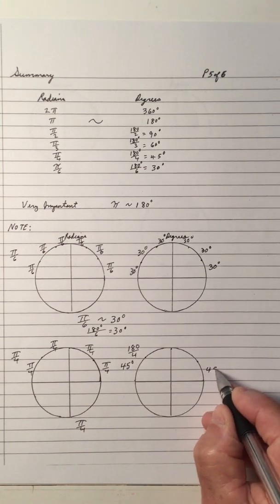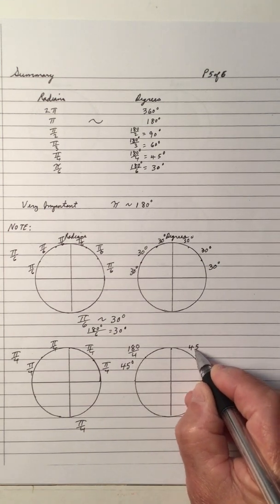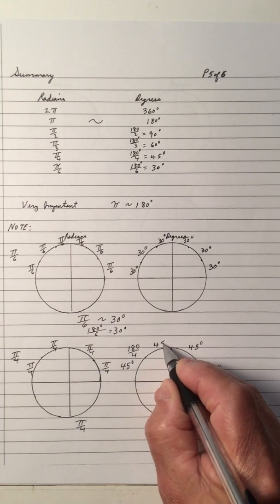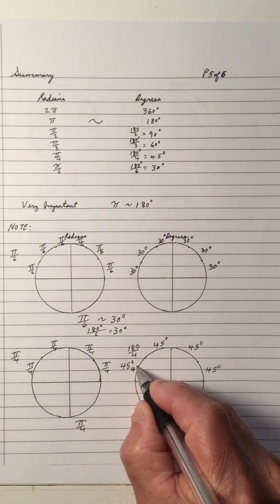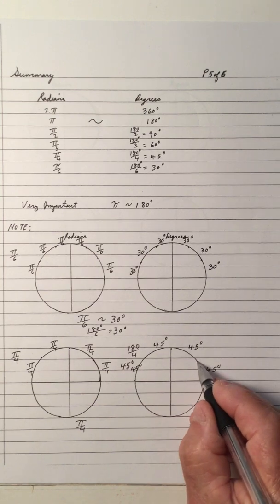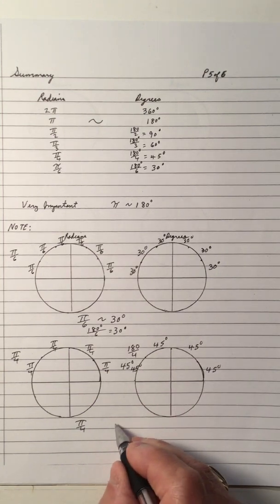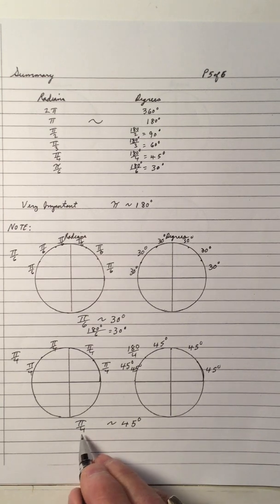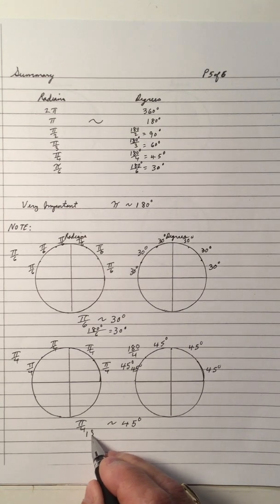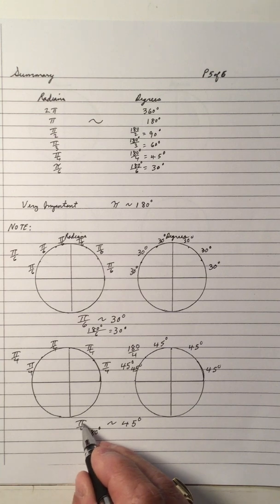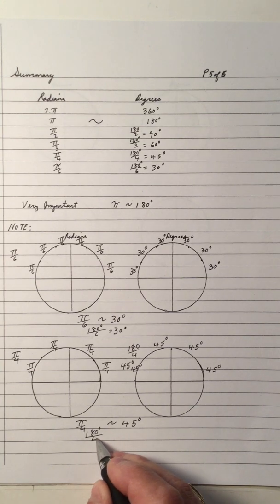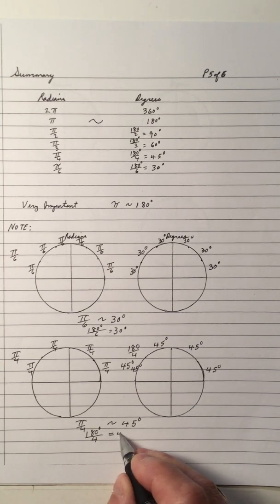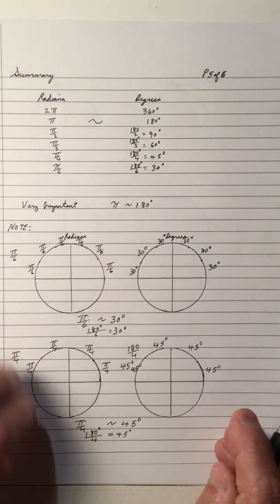So 180 divided into 4 equal parts gives each part 45 degrees. Again, notice pi is related to 180, divided by 4 gives 45, and 4 times 45 gives 180.